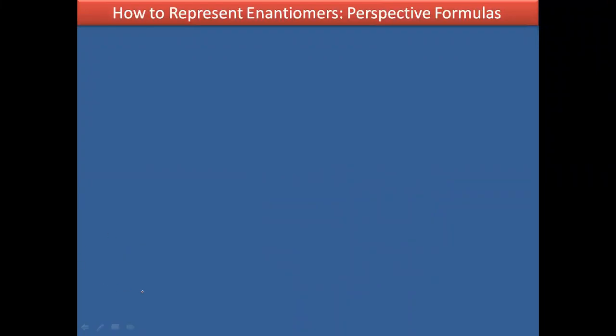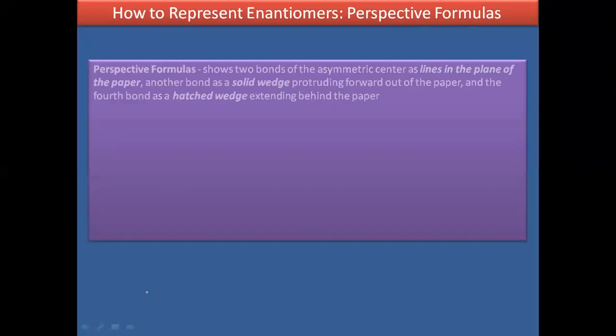Then we move forward with optical isomerism, and how to represent enantiomers in their respective perspective formulas. There are some formulas to represent enantiomers from 3D to 2D. That formula is called the perspective formula.